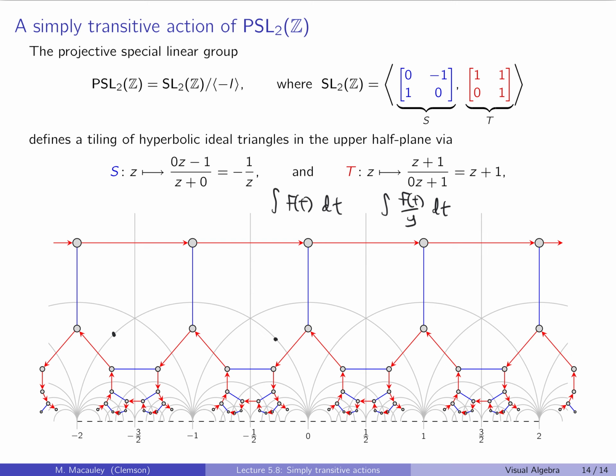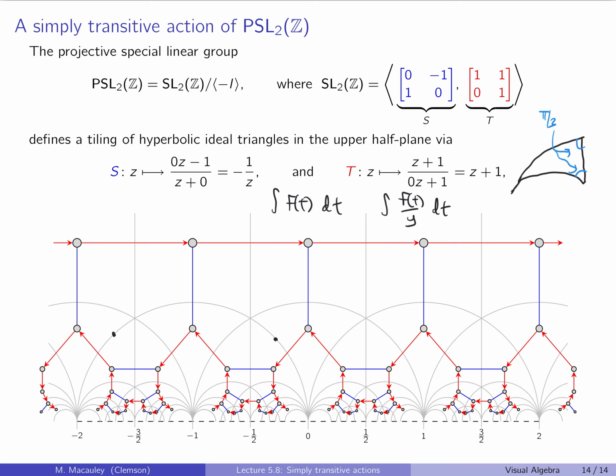Well, they're called ideal triangles, and that's because, let me try to draw this. I don't know how well I'll be able to do it. An ideal triangle has at least one angle that is 0 degrees. So these two angles are pi over 3.